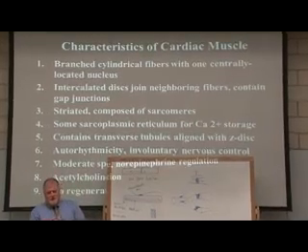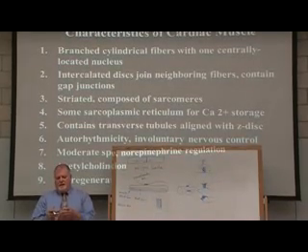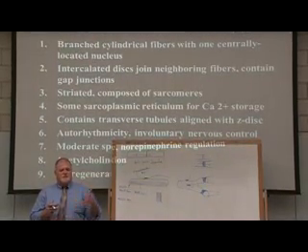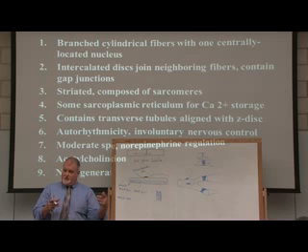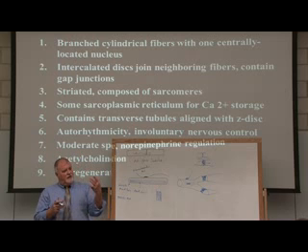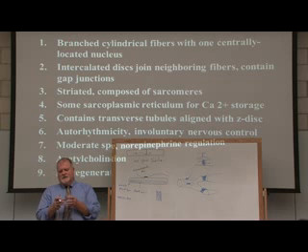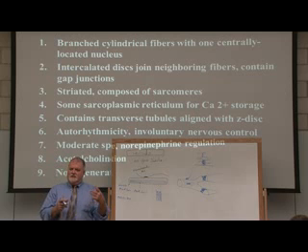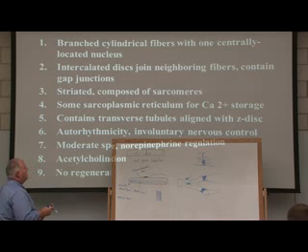But what we know about cardiac muscle is that if you had a patient whose blood calcium level was low, they would have cardiac dysfunction before they would have skeletal muscle dysfunction. And it's because cardiac muscle doesn't store as much calcium, and it's really dependent upon blood calcium levels. So if you actually looked at patients who had too low of calcium, you would begin to see cardiac dysfunction way before you see skeletal muscle dysfunction.